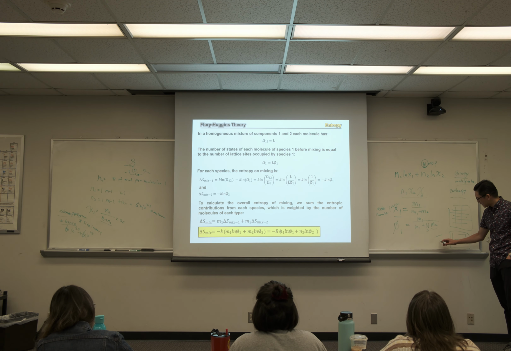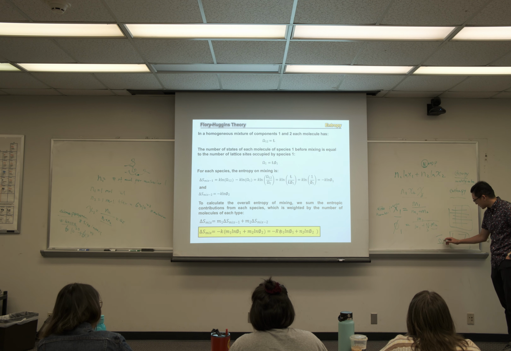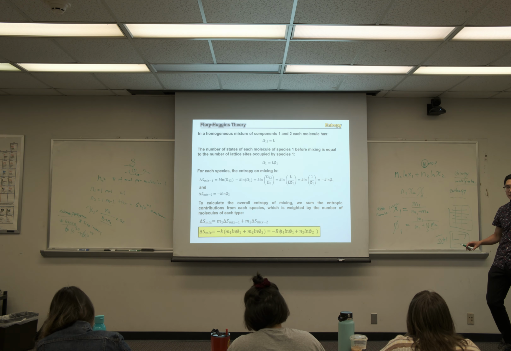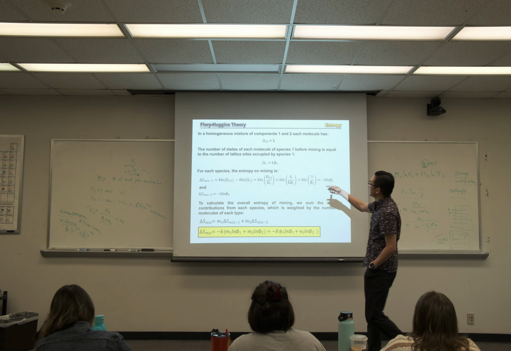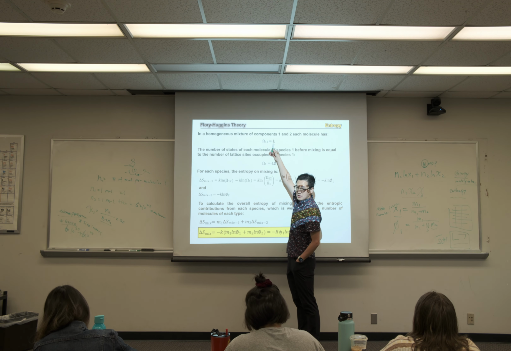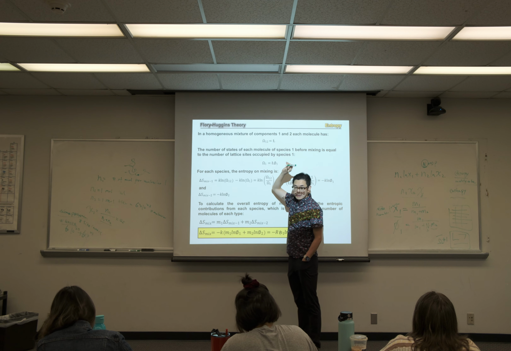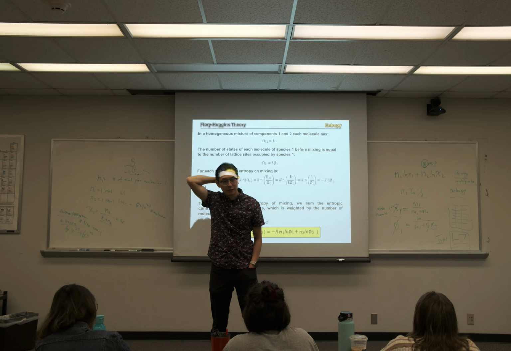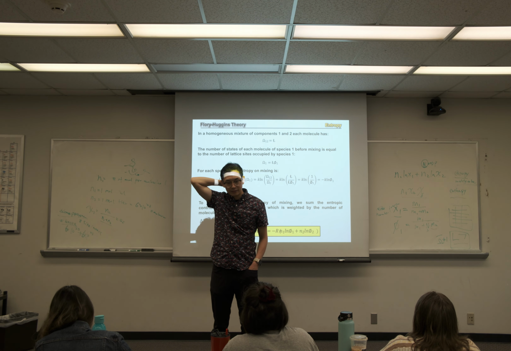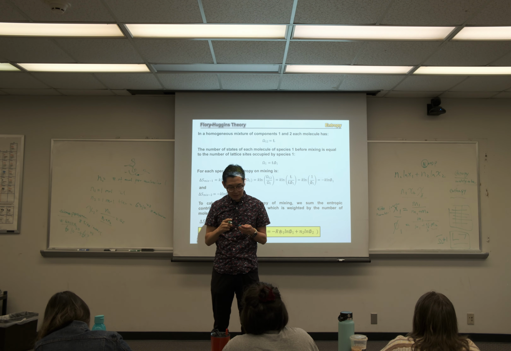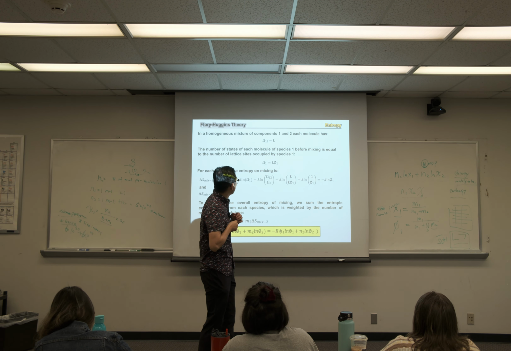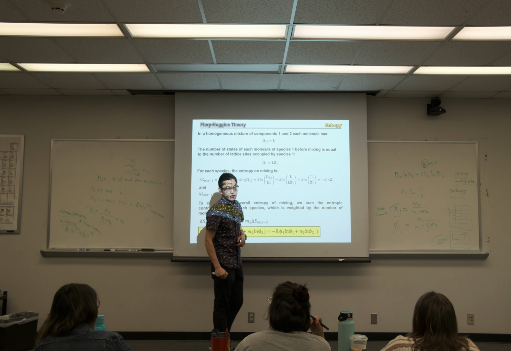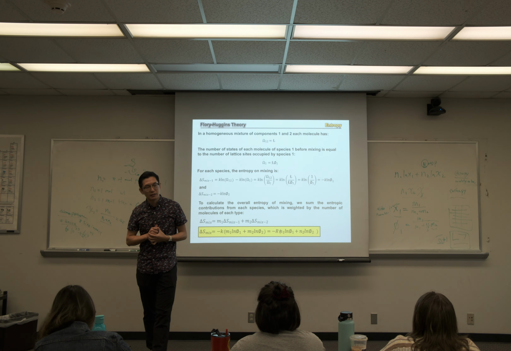So the number of different states is not equal to 1 for the polymer before we mix them. And since it doesn't matter that much, we would just say this is the number of states for the polymer before we mix. Okay? And after we mix, the number of states for the polymer will be related to the volume fraction of polymer times this number. That's all we're saying here.